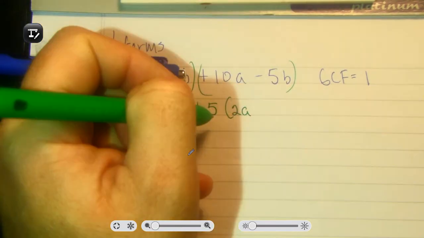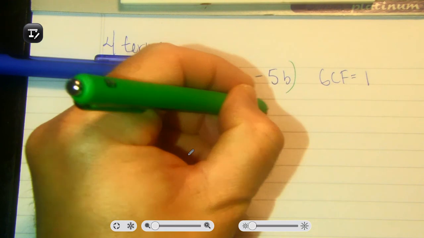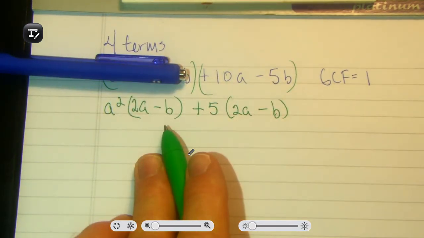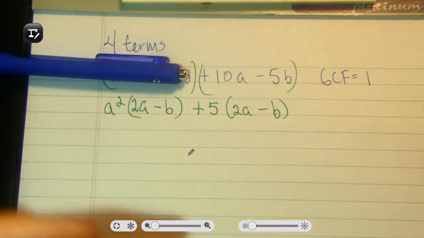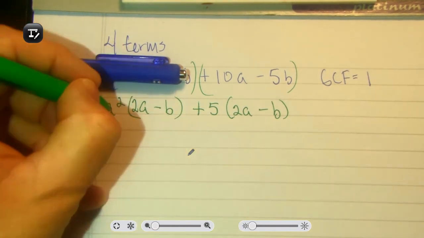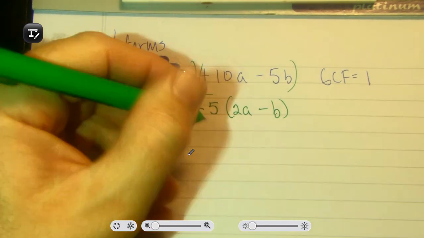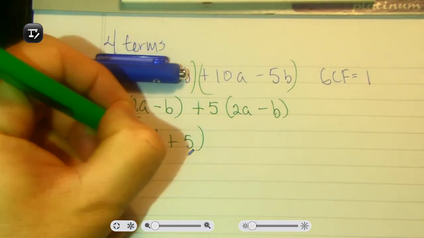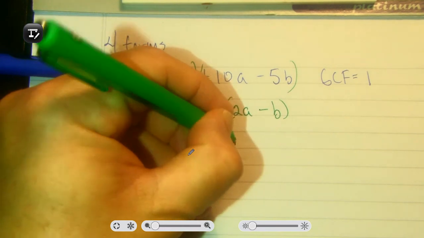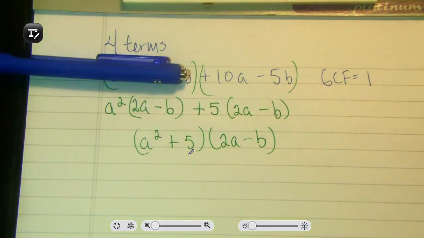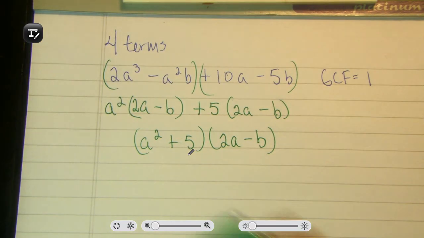And negative 5b divided by 5 is negative b. And I want that to look like the other binomial. Sure enough, it does. So factored then, it's (a squared plus 5) times (2a minus b). And that's the factorization.